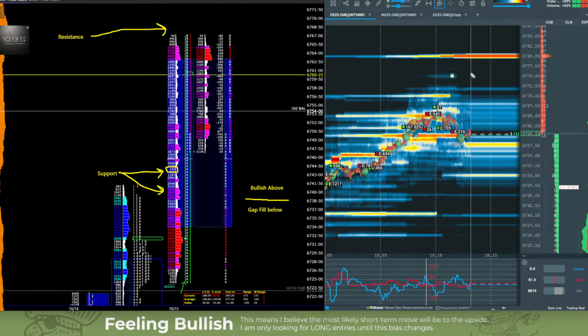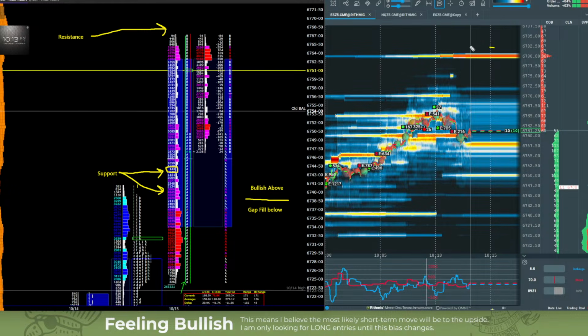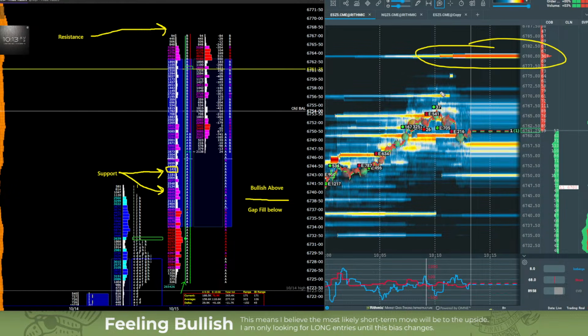Okay, somebody piling on some liquidity up here around 67.80. Looks like they are trying to scare price away.